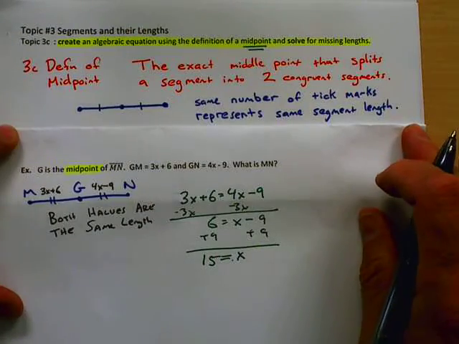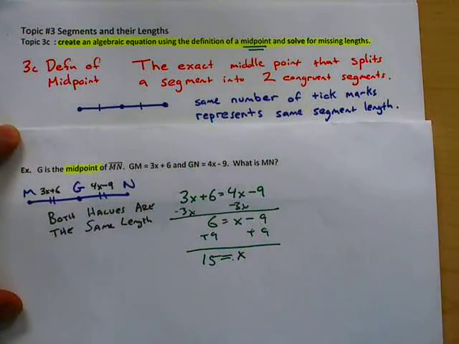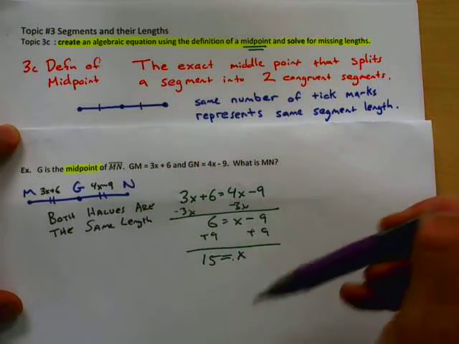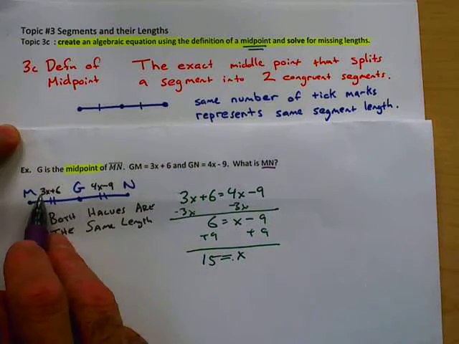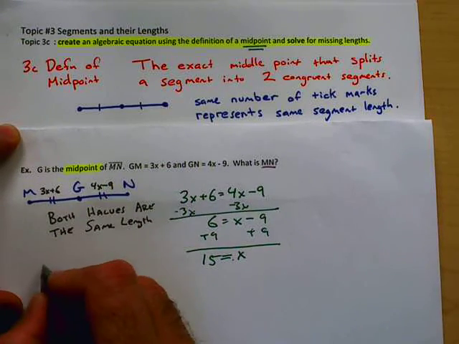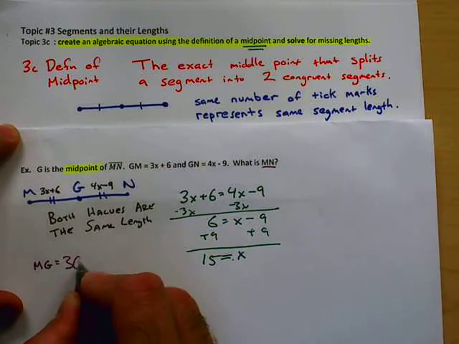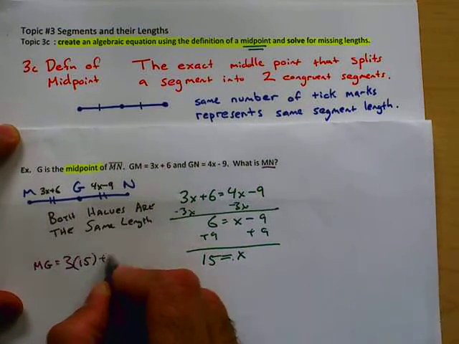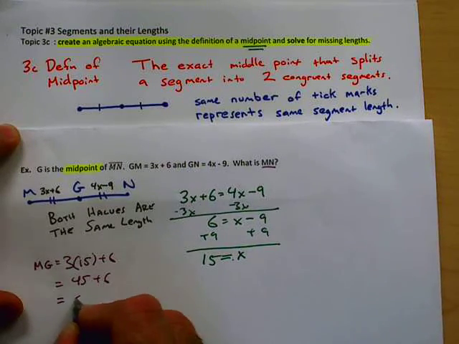So if x equals 15, sometimes they'll be asking that and that'll be all they want. But in this case, note, they want MN. Well, if they want MN, that's this whole thing. Let's find each of these. MG is going to equal 3 times 15 plus 6. That's 45 plus 6 is 51.